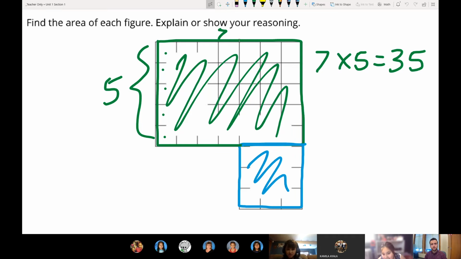Okay, so what I would do is I would add there is 3, or I think 3 columns, 1, 2, 3 rows, and then since there's nothing at the top, it's just nothing.